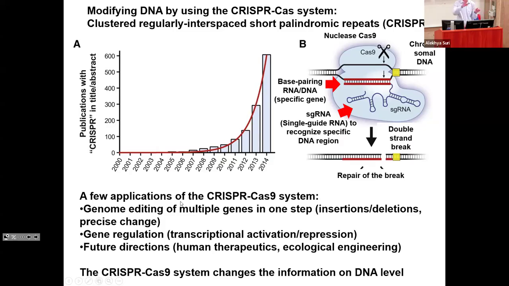If it's acting somewhere else in the genome, it cannot be used for human therapies. So that's clear. So the principle is that there are different RNAs that will guide the nuclease to the place of interest.